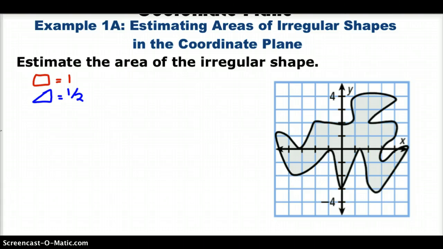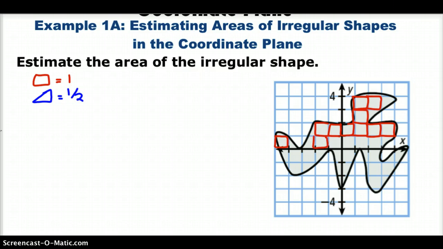So I'll go through and circle all the ones first that would have an entire square. And remember, this is an estimate, so there's 1, 2, I would give that a full one, so that's 3, maybe 4, 5, 6, 7, 8, 9. I'll give this one, that's about a whole one, that's 10.